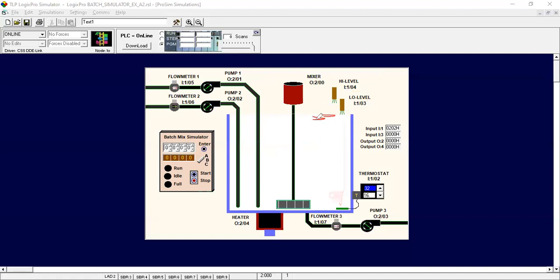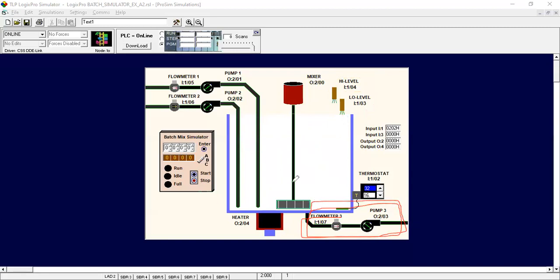If our tank is full of liquid, our high level sensor senses the liquid quantity and gives the signal to our instructions. So the high level sensor senses the liquid at the top, and our low level sensor senses the liquid at the bottom.